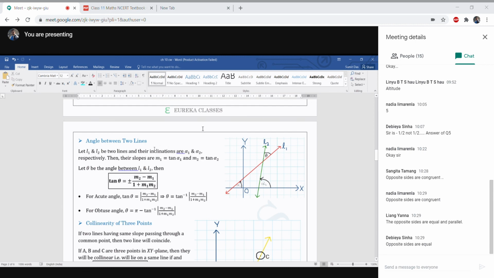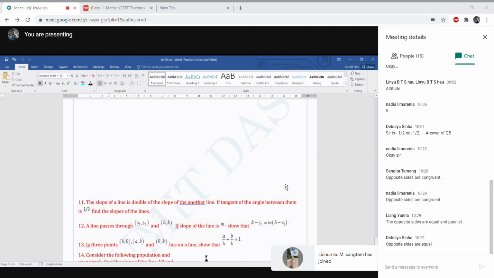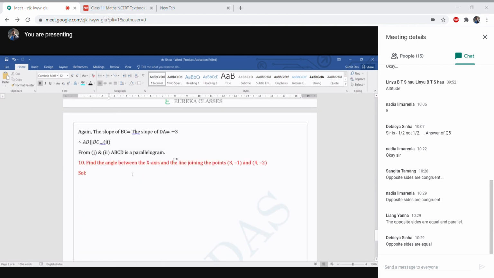If the angle between two lines L1 and L2 is theta, we have to find the slope of them, and the formula is this: tan theta is equal to this. Okay, we have to use this formula.